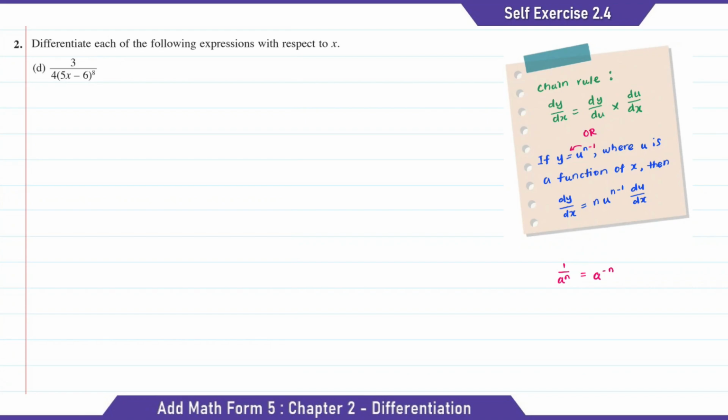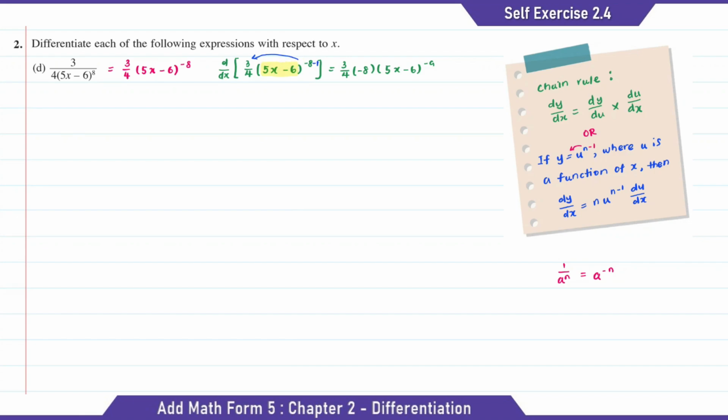Question D. 3 over 4, 5x minus 6 to the power of 8. So I can write this as 3 over 4 bracket 5x minus 6 to the power of negative 8. So this is equal to 3 over 4 times negative 8 bracket 5x minus 6 to the power of negative 9.